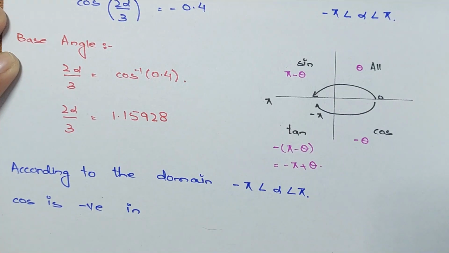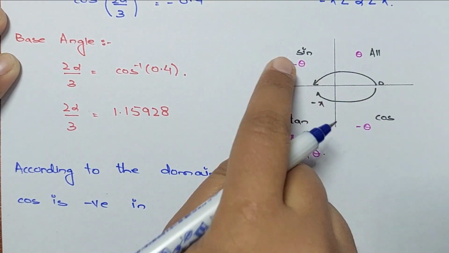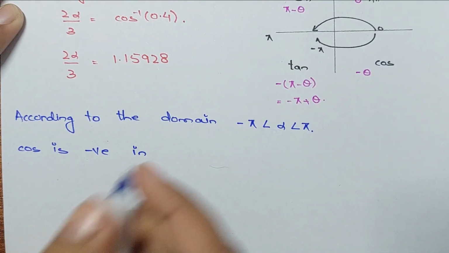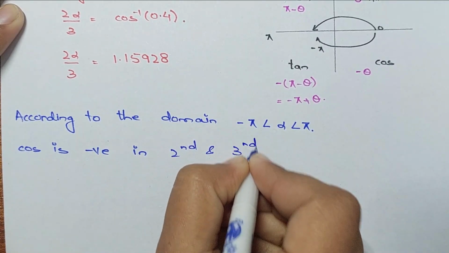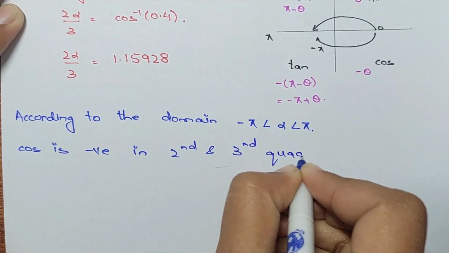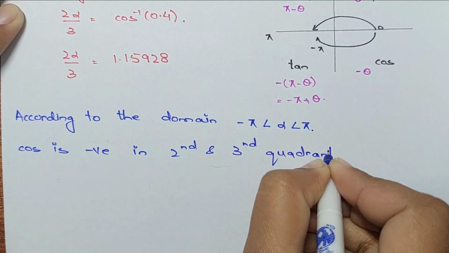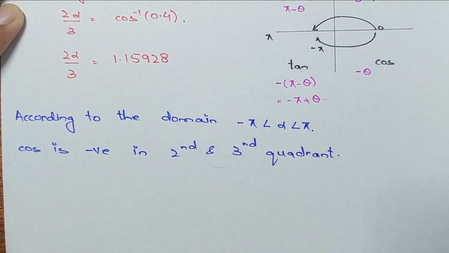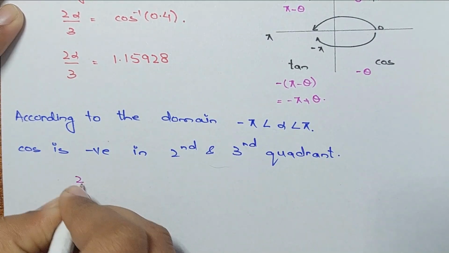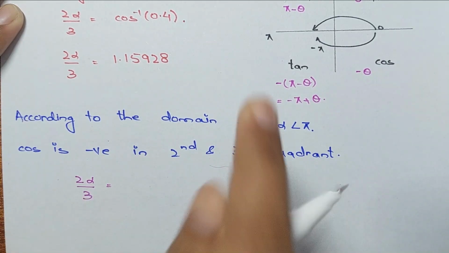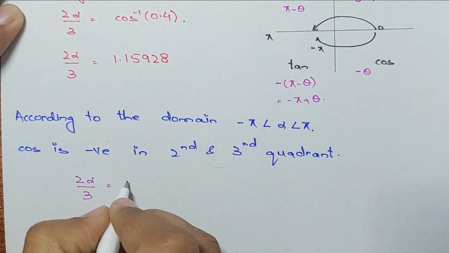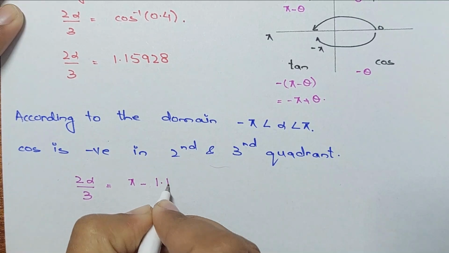Cos is positive in the first and fourth quadrant, and it is negative in the second and third quadrant. Now what is the value for the second quadrant? For the second quadrant, the angle is equals to pi minus the base angle.